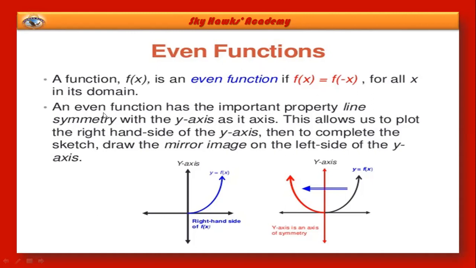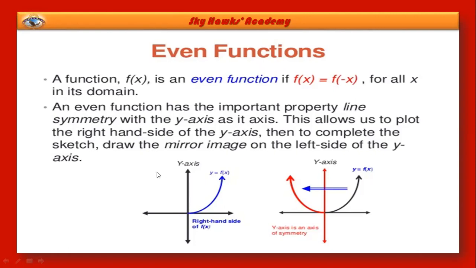And the second point is that an even function has the important property of line symmetry with the y-axis as its axis. So it's lying on the y-axis, and this y-axis will become its symmetric line, the line of symmetry.